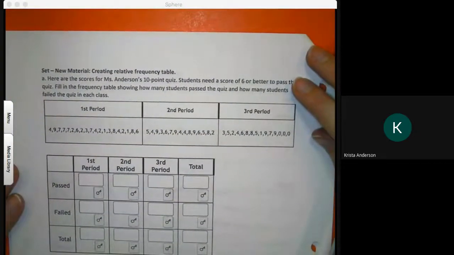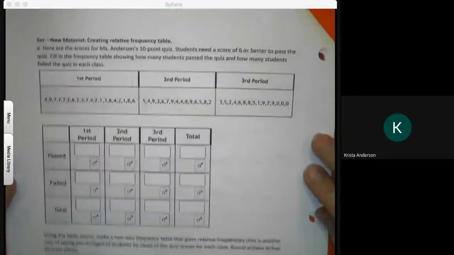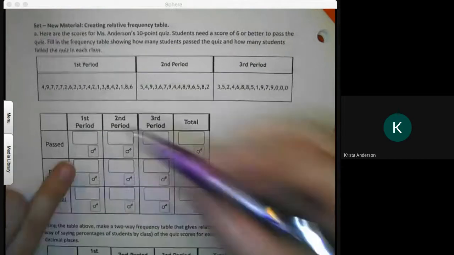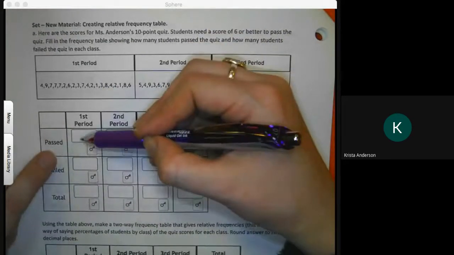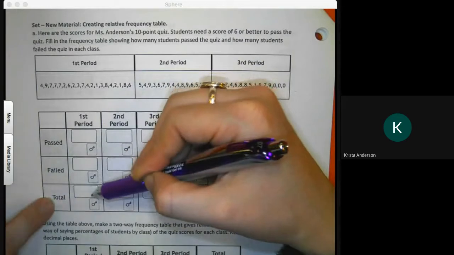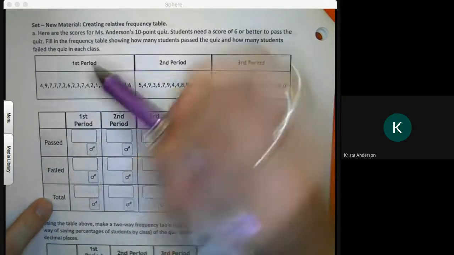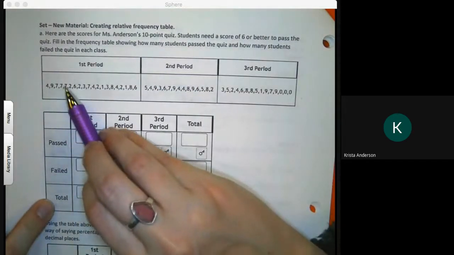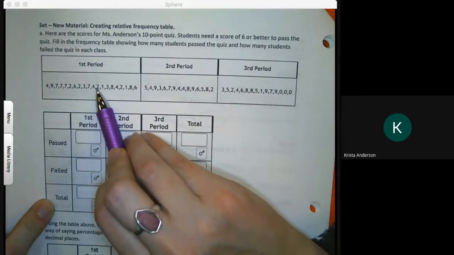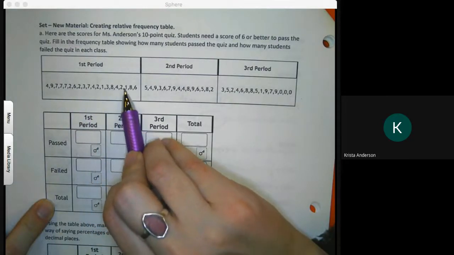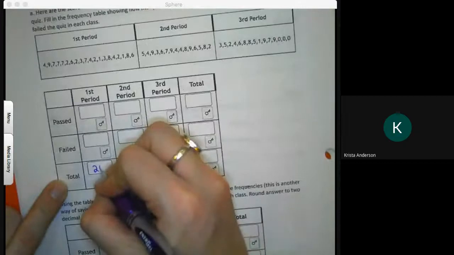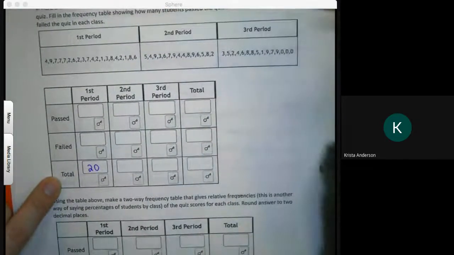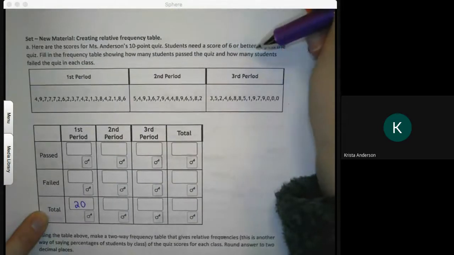Our new material, we are going to create a relative frequency table. I'm going to fill in the first table. For my first period, how many passed, failed, total students. Total students is 20. Passed, so they have to score a 6 or better to pass.